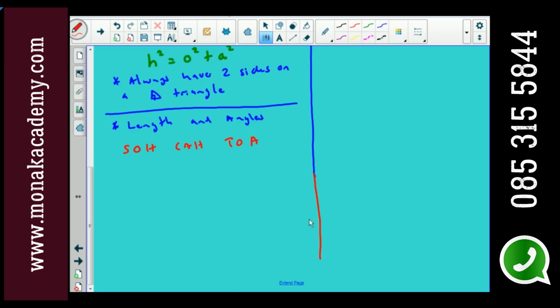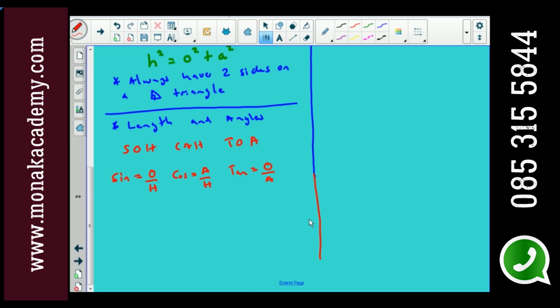All right. So we know sin equals to opposite over hypotenuse. So remember, we already talked about what is opposite and what is hypotenuse, right? Cos equals adjacent over hypotenuse, and tan equals to opposite over adjacent.